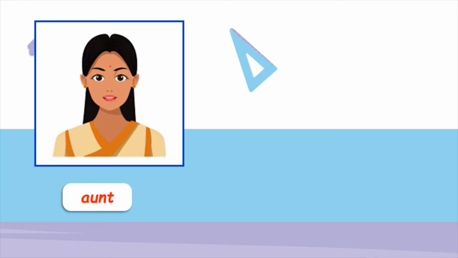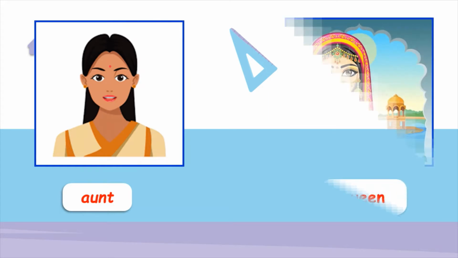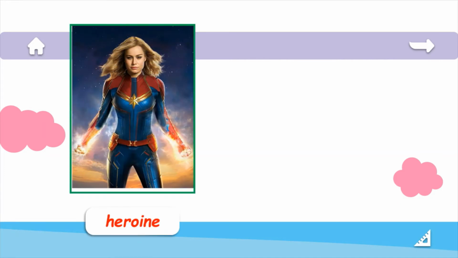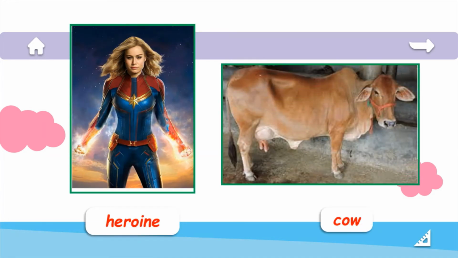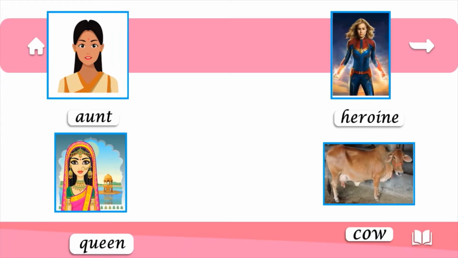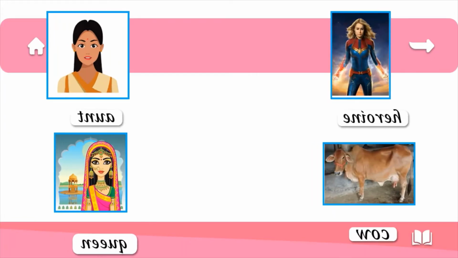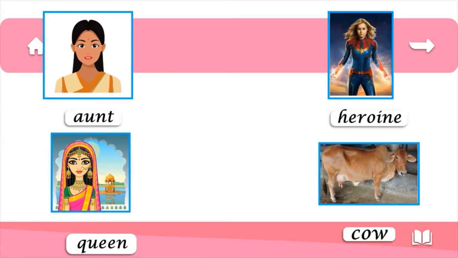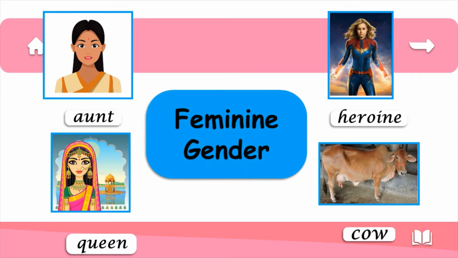Here are some examples: aunt, queen, heroine, cow. These nouns, aunt, queen, heroine, and cow, are all females, and hence they belong to feminine gender.